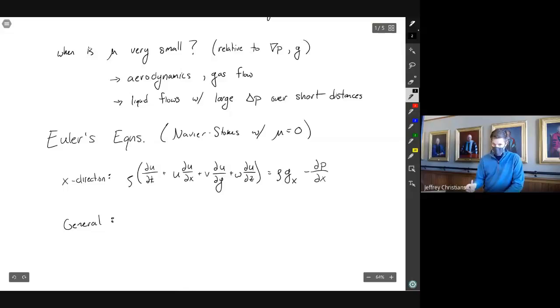In general, this is a more compact way to write it. D velocity Dt, right, where this is our weird notation for the acceleration of a particle in that flow, the material derivative, equals rho g minus the gradient of pressure.